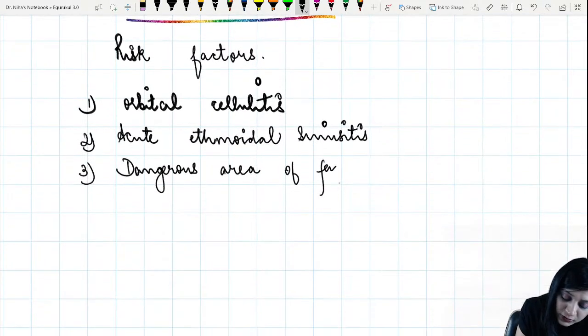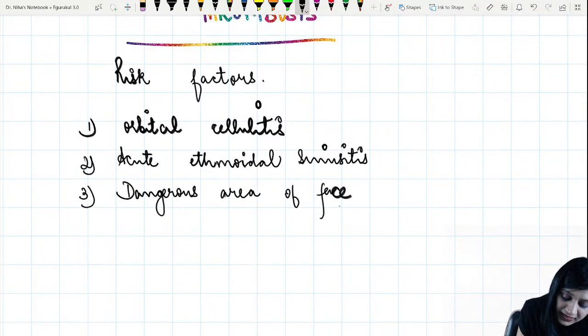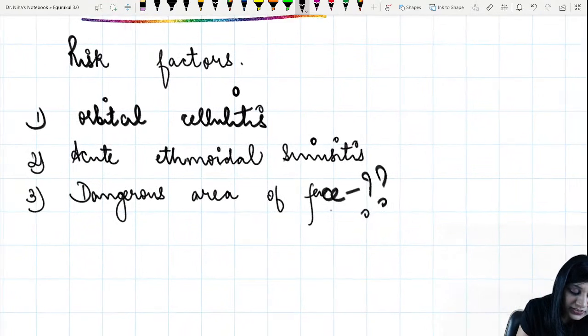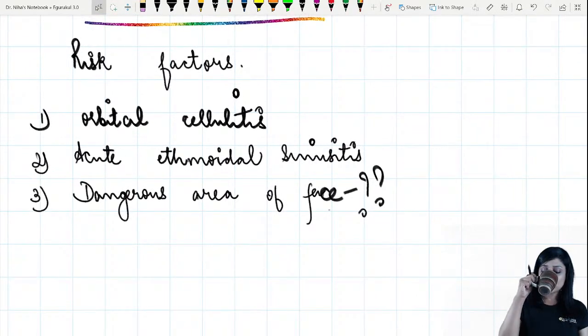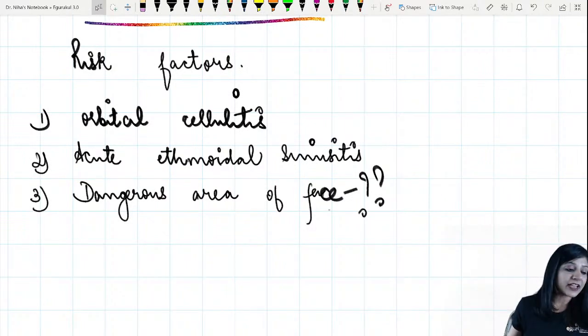Now another question for you guys, what is the dangerous area of the face? I hope this is visible now. These are the risk factors of cavernous sinus thrombosis. Can you tell me the dangerous area of the face? We are going to solve so many questions.